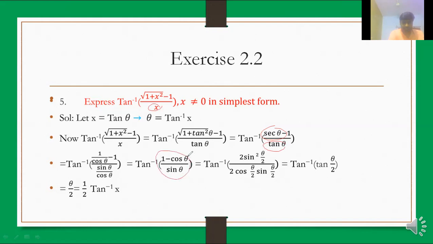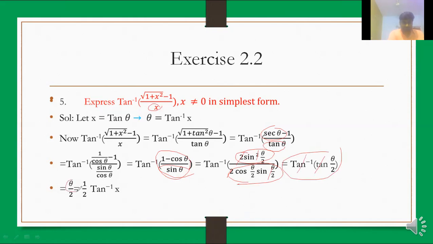Finally, what would you get? 1 minus cos theta by sin theta. What is the formula for 1 minus cos 2 theta? 2 sin square theta. Here, 1 minus cos theta means 2 sin square theta by 2. Here sin theta is 2 sin theta by 2 cos theta by 2. So finally the 2 gets cancelled, one sin also cancels. What do you get finally? Sin theta by 2 by cos theta by 2, that is tan theta by 2. Finally, we are able to cancel tan inverse tan. So what is the result now?